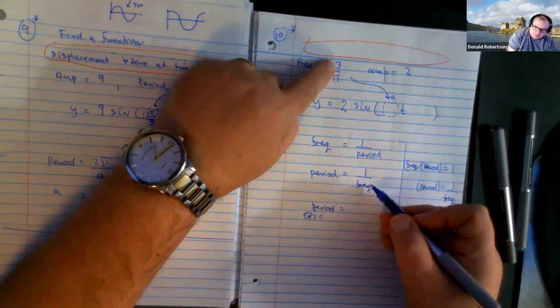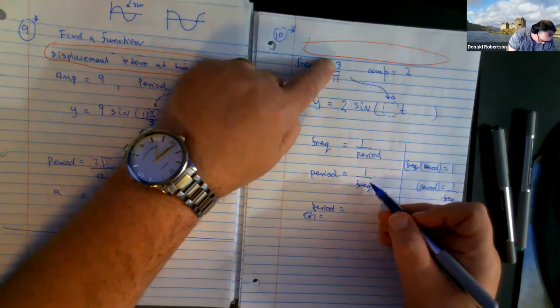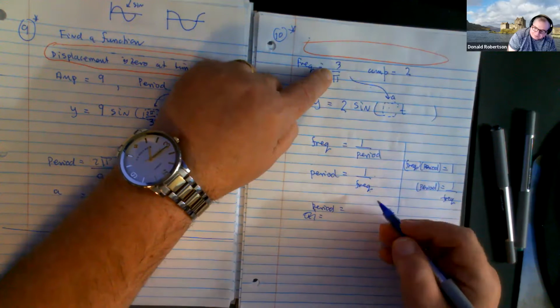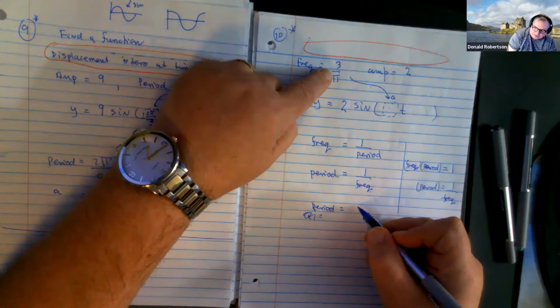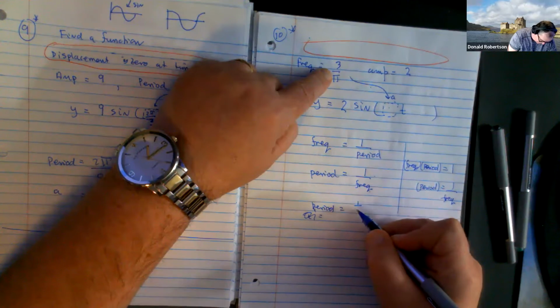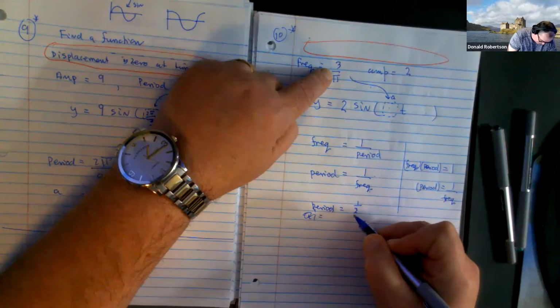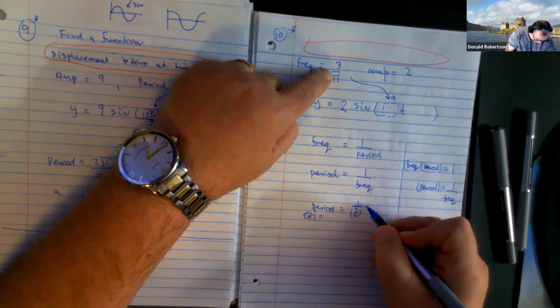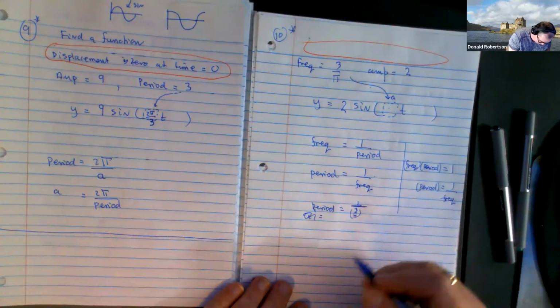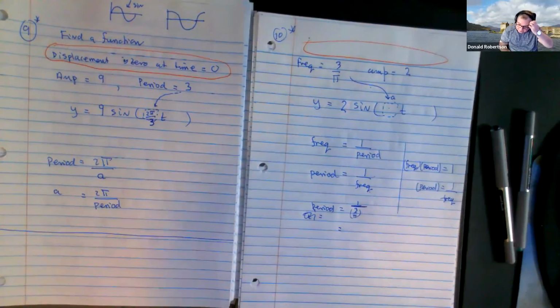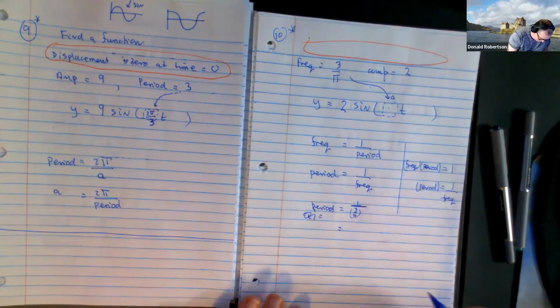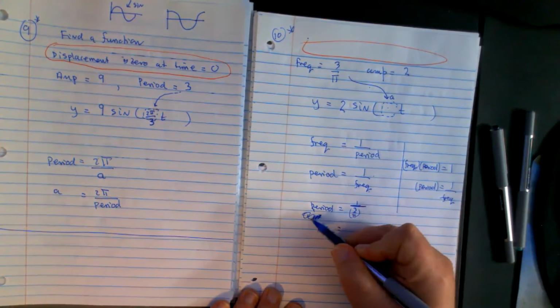What's a quick way of doing the reciprocal of 3 over pi? If you did 1 over 3 over pi, the reciprocal of it, that's what we call that, what would you get? Pi over 3. Agreed.